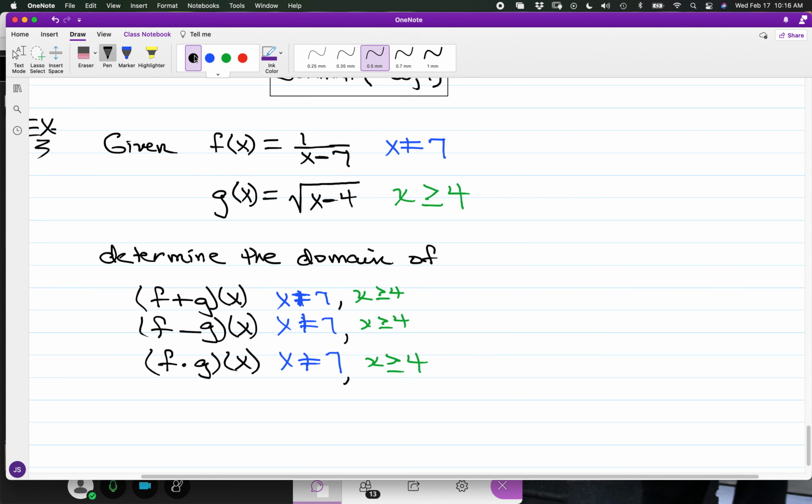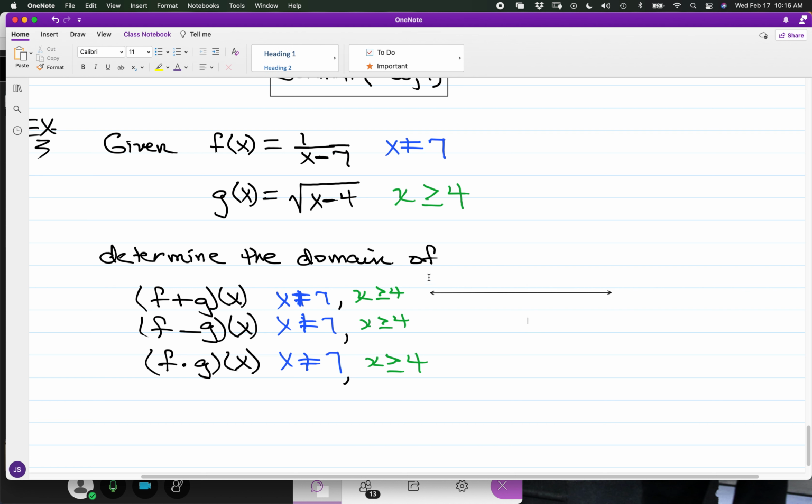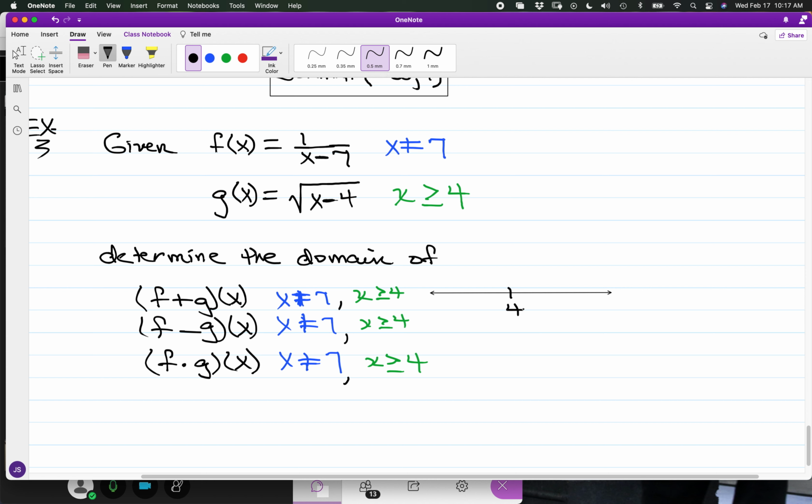Just looking at what we have for the domains throughout, with the values of concern, you're looking at 4 and 7. Again, x cannot be equal to 7. Now for the square root of x minus 4, you're looking at x is greater than or equal to 4.